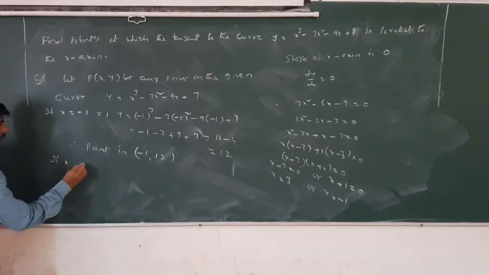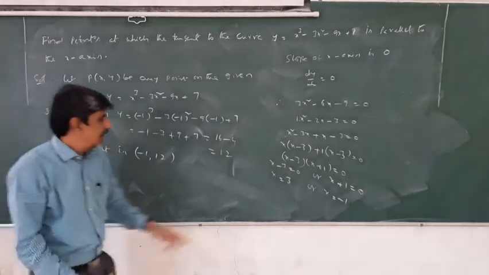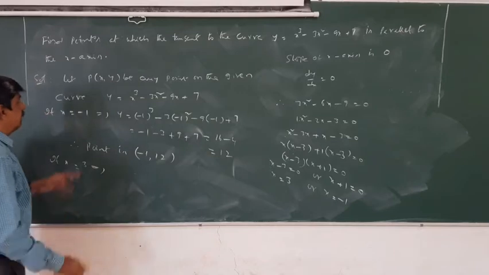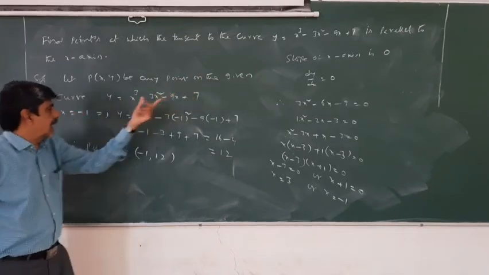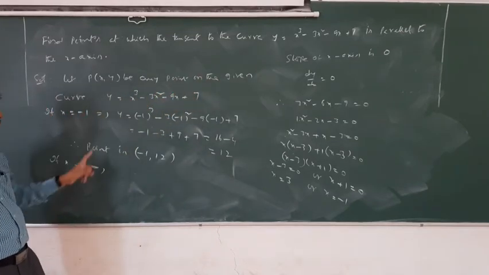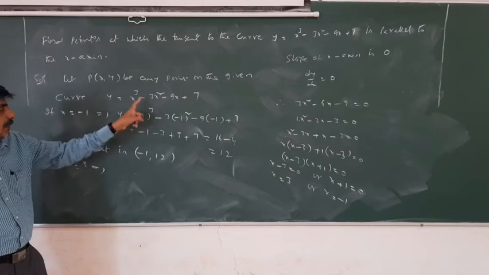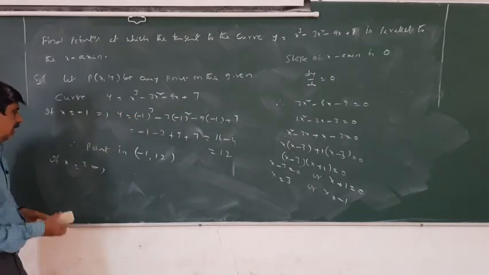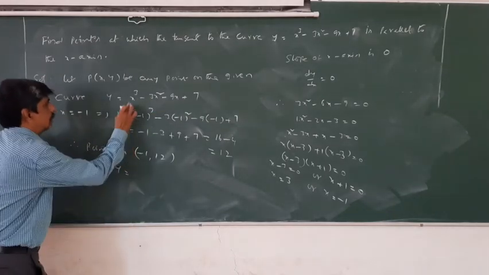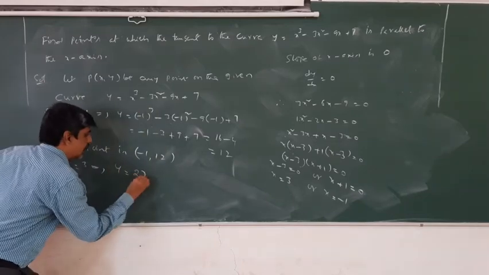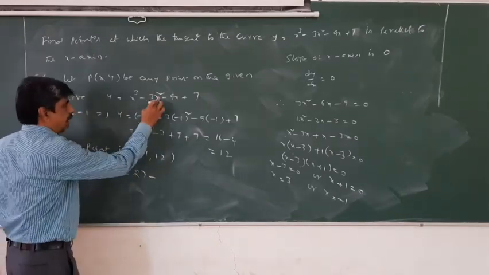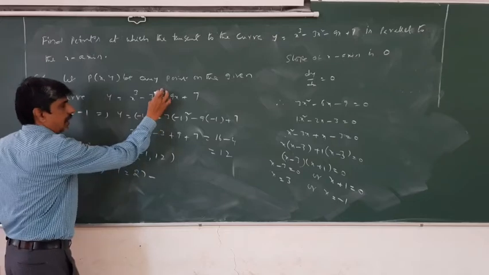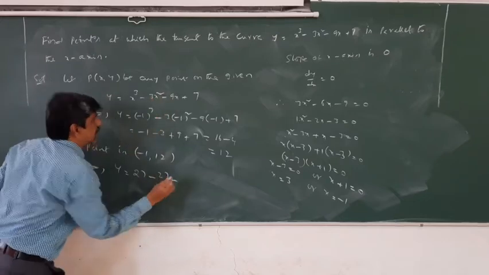If x is equal to 3, another point, then the point (x, y) lies on this curve. If x is equal to 3, substitute x equal to 3 here. Then y is equal to 3 cube. 3 cube is 27, minus 3 into 3 square. 3 square is 9, 9 into 3 is 27.